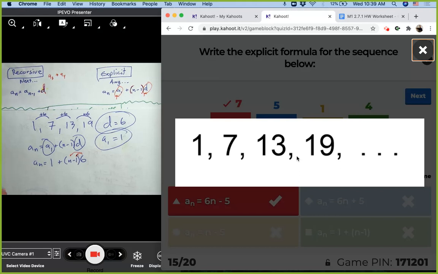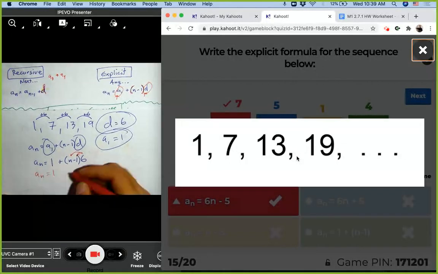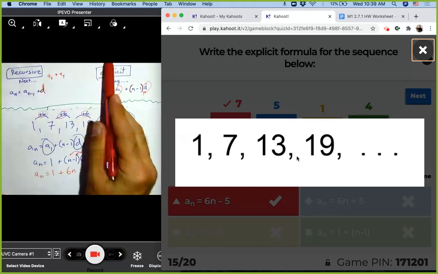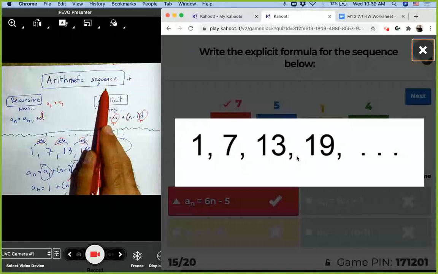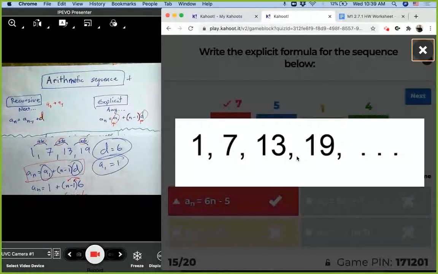All right, look. Now, a sub n is equal to 1 plus, distribute it, 6n, distribute it, minus 6. How did I get that? I had to look to see what's going on between these numbers. We're adding 6, so I know it's arithmetic. We're trying to find an explicit formula. That's why I rewrote it right here. But from this, I knew that your d value is 6.